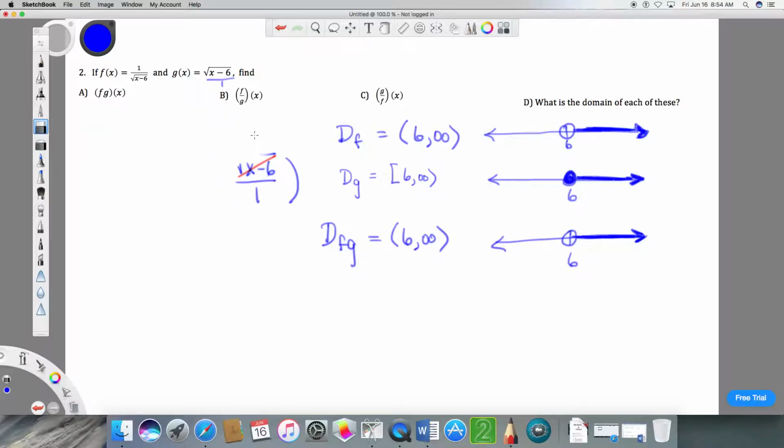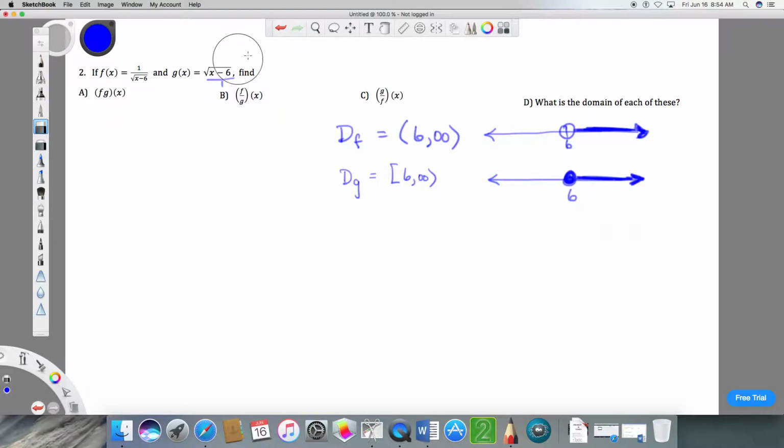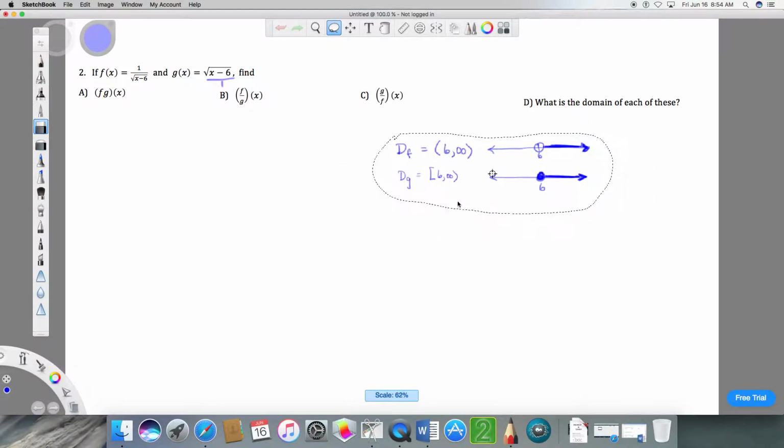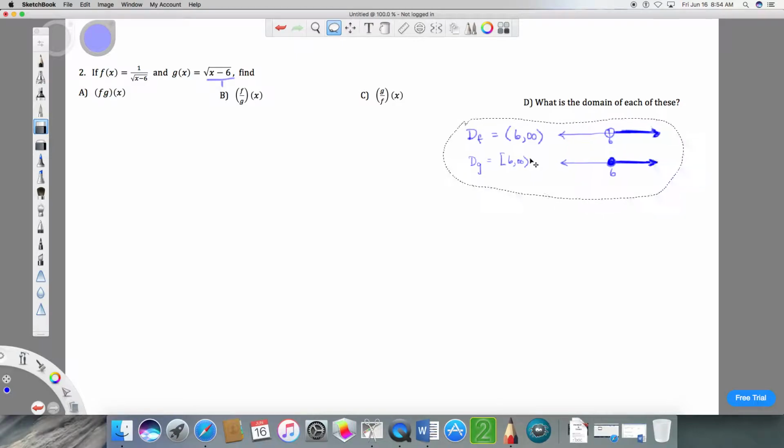Now I'm going to keep my domain of F and my domain of G. I don't want to erase that because I'm going to refer to it. All right, so let's shrink that up, however. All right. So let's come over and figure out what the equation, the formula of this new function is.